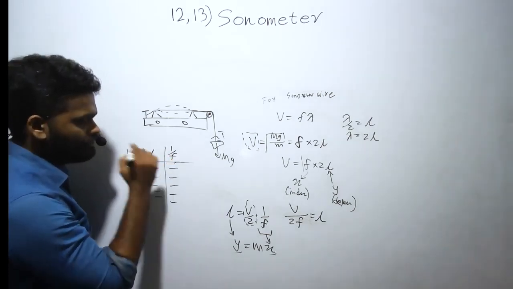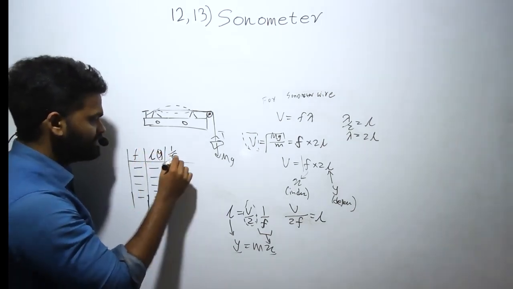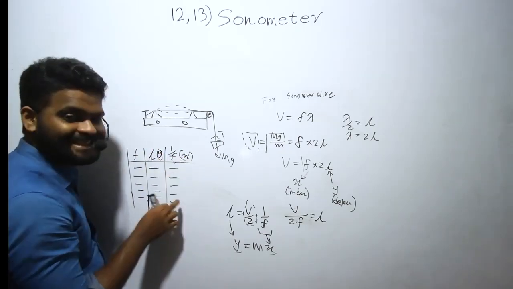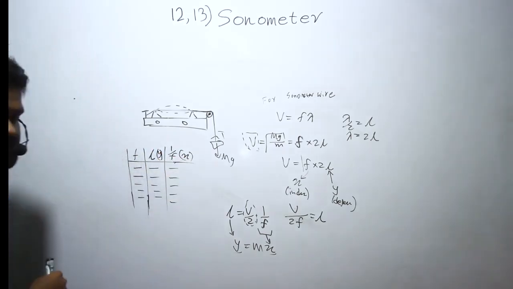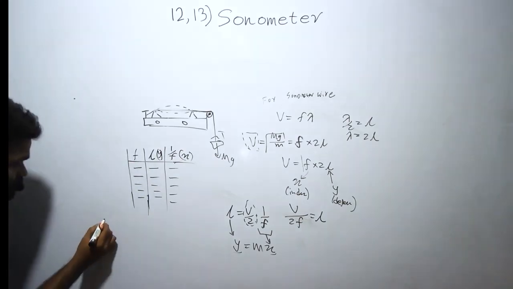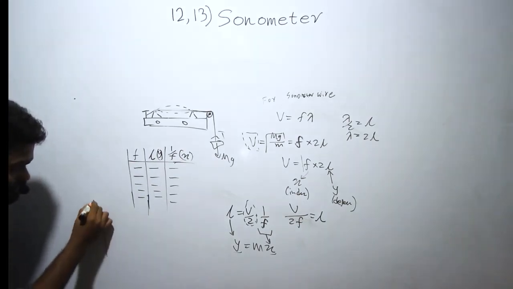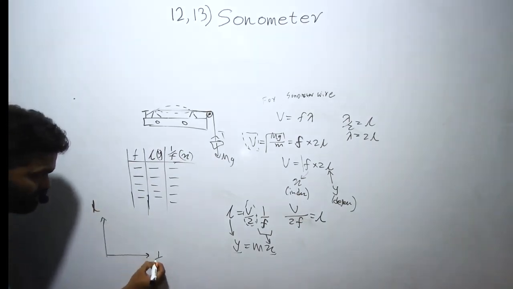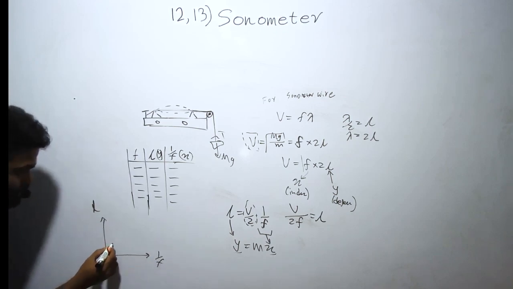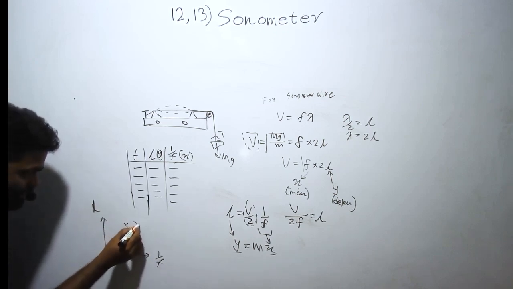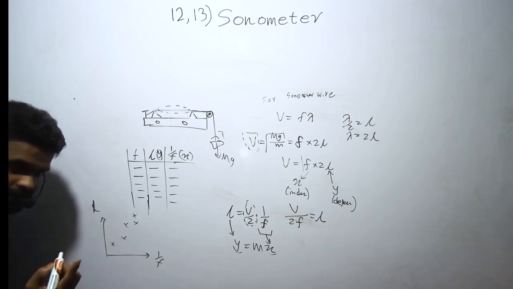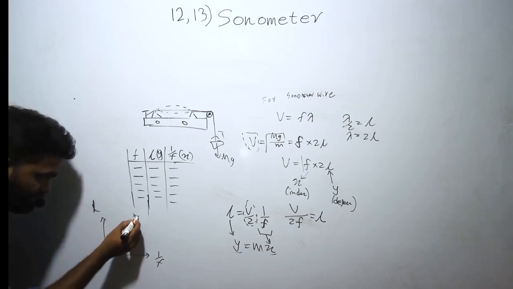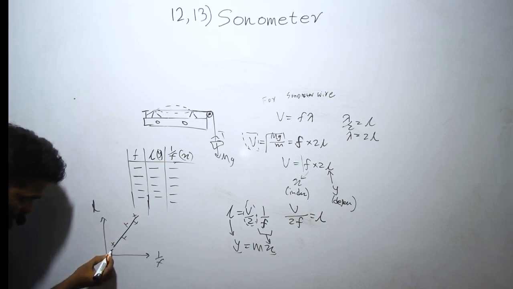But if you know F, you can easily calculate 1 over F values. Now you have y coordinates and x coordinates, 6 x and y coordinates. Using those 6 coordinates, you can draw a graph. So this is L, this is 1 over F. So let's say you mark these coordinates like this. At the first time, luckily, if you get something like this, draw the best fitted line.